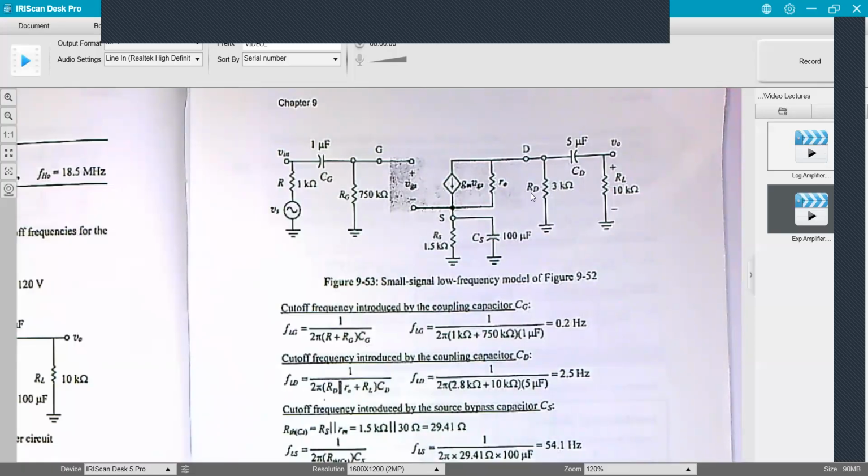RD, which is 3K, in parallel with 50K, is going to be pretty close to 3K. So this is so much larger than these. After we do a couple of calculations, we'll see this guy right here can usually be neglected, and it won't have a large effect on the accuracy of the output.